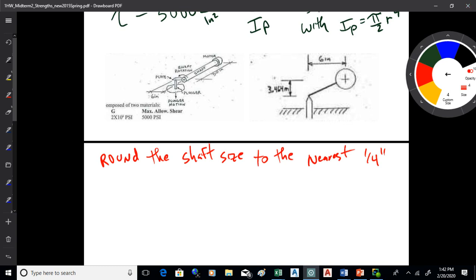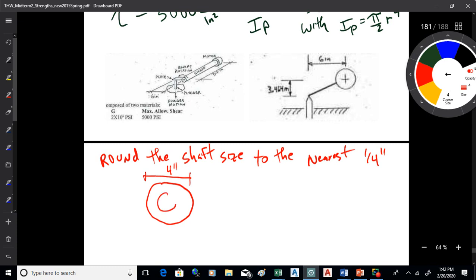Now, run number 2 through this, I want you to do one other thing, and that is tell me, if instead of using a solid shaft, you have a shaft that has a 4-inch diameter, what size hole can you have?